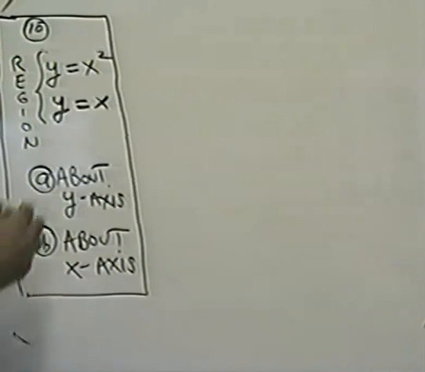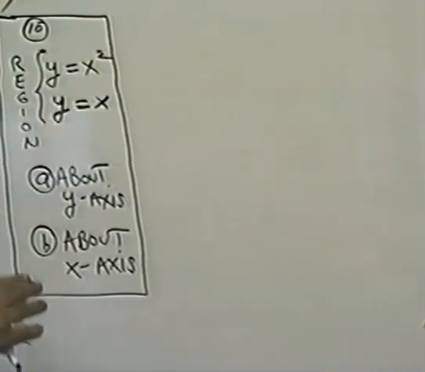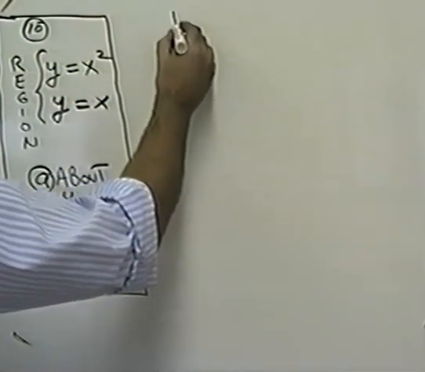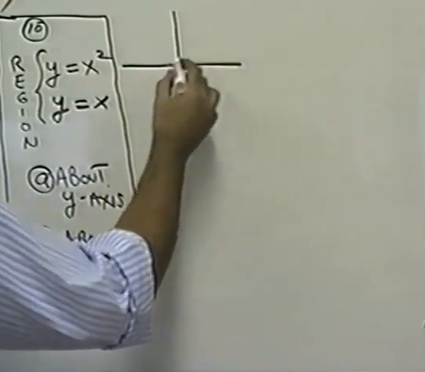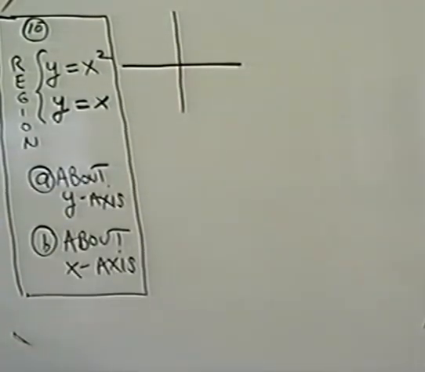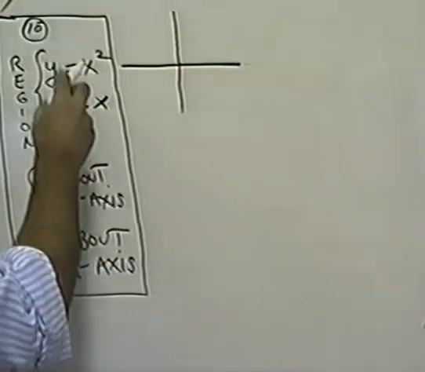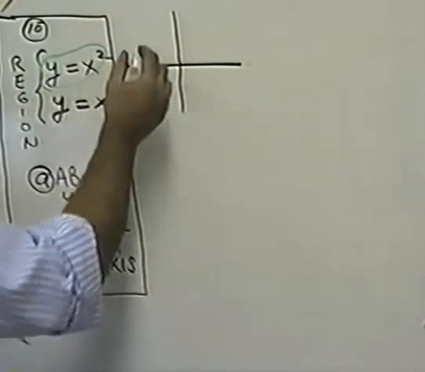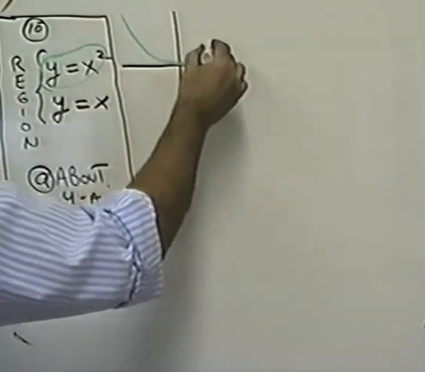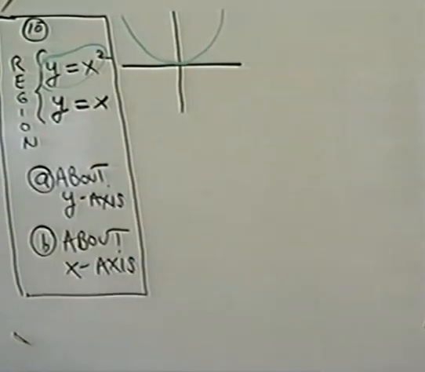Okay, now, the graph y equals x squared is a fairly simple graph. It's a parabola. And the graph y equals x is a straight line.